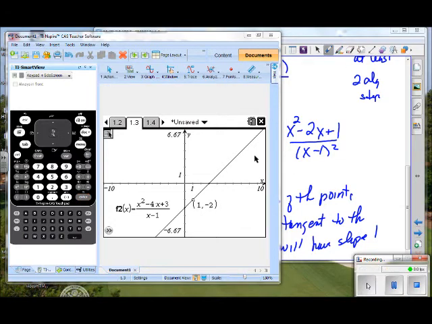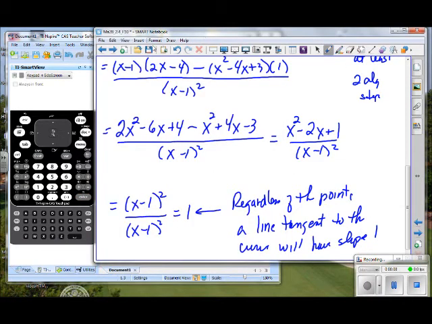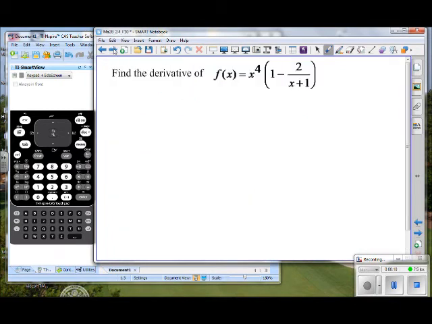Okay, let's go on to the next problem, and the next problem says find the derivative of this function. Now if you look at this function, we have a product going on. We can work this as a product, but when you get to this part, you're going to have then a quotient to work with. We could multiply this x to the 4th into here.